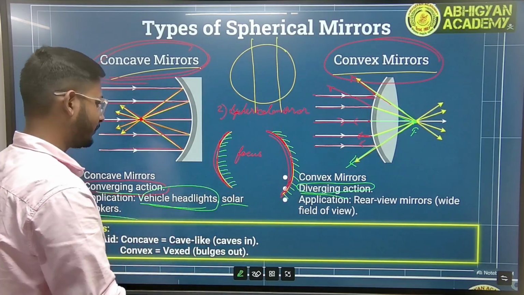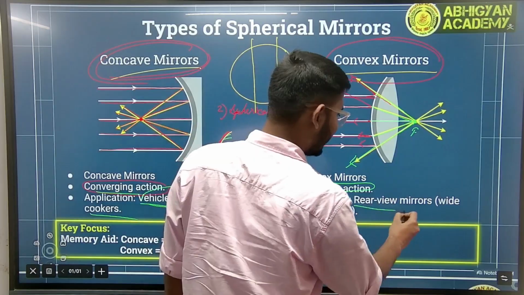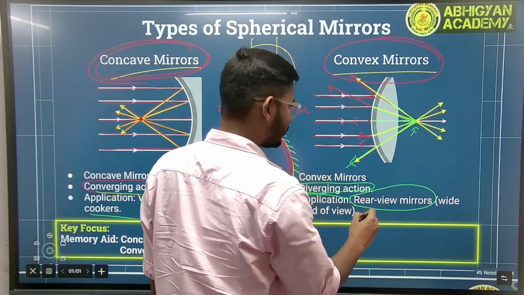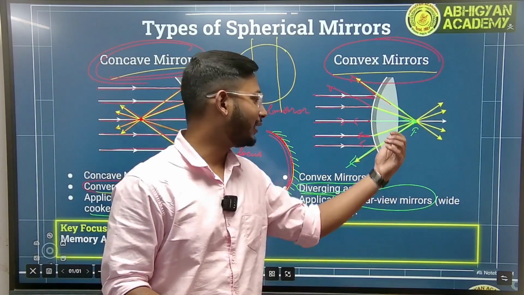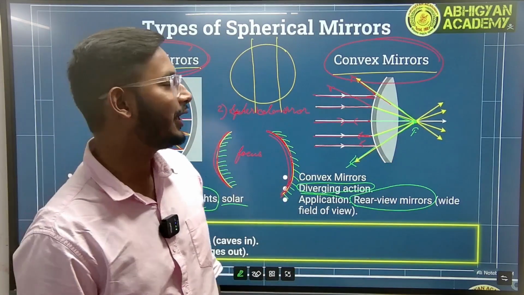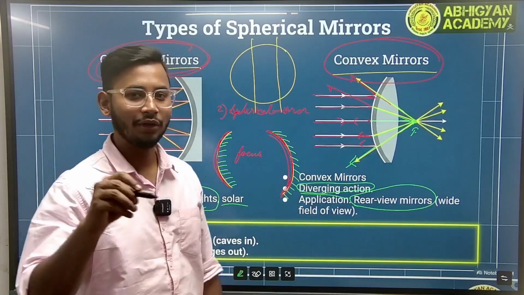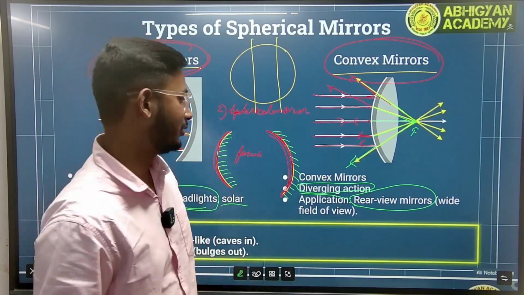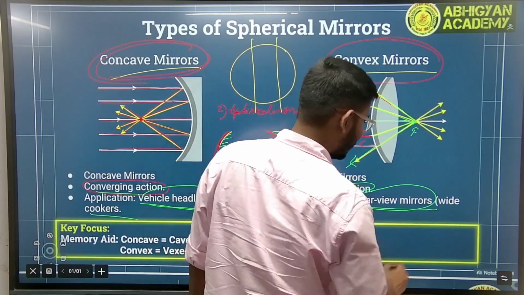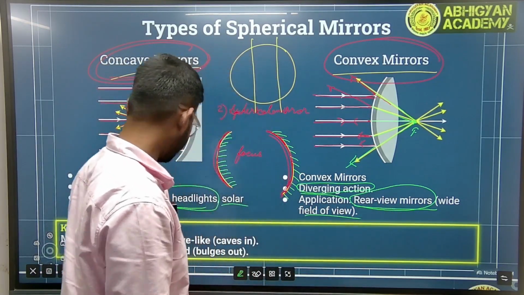And convex mirrors are used in rear view mirrors, since in a convex mirror we get a wide field of view. That's why it is used as the side mirror of vehicles. Yes, we get the wide field of view.